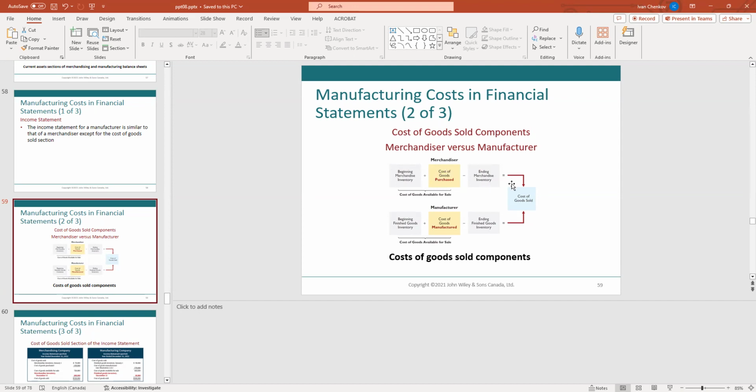Okay, 205 minus 20. So that's 185. I think it's 205 minus 20, 185. Yeah. Let's do another exercise.